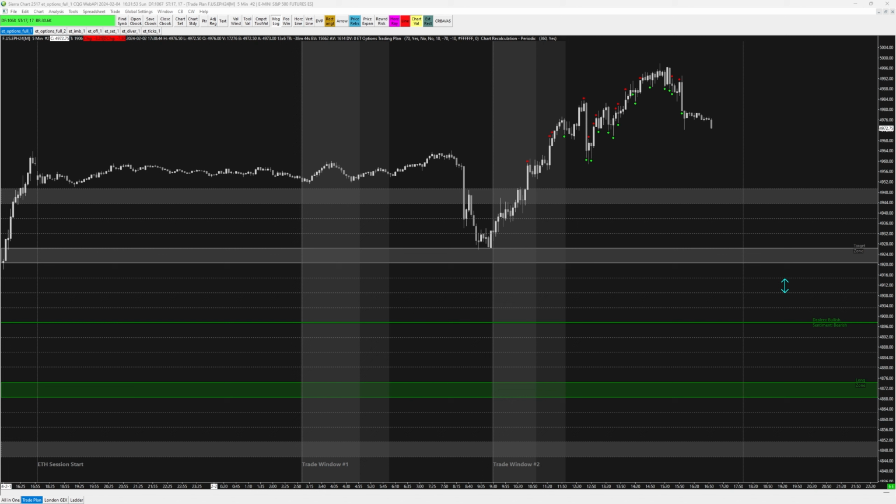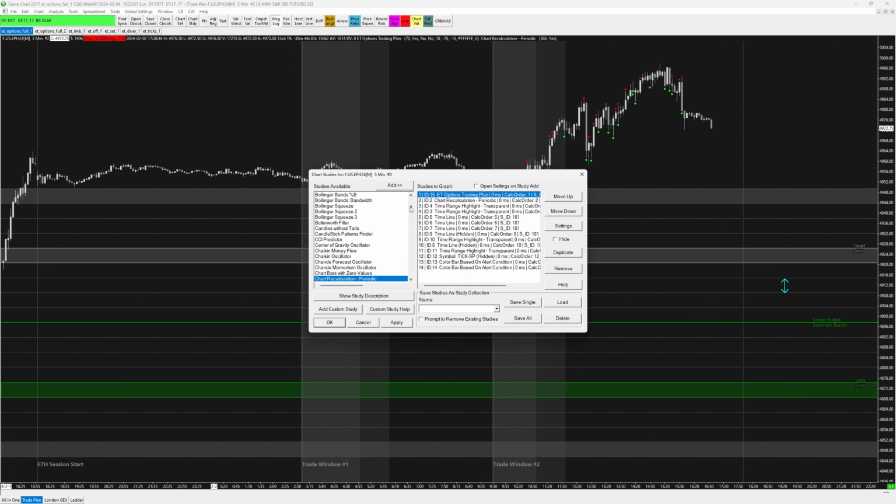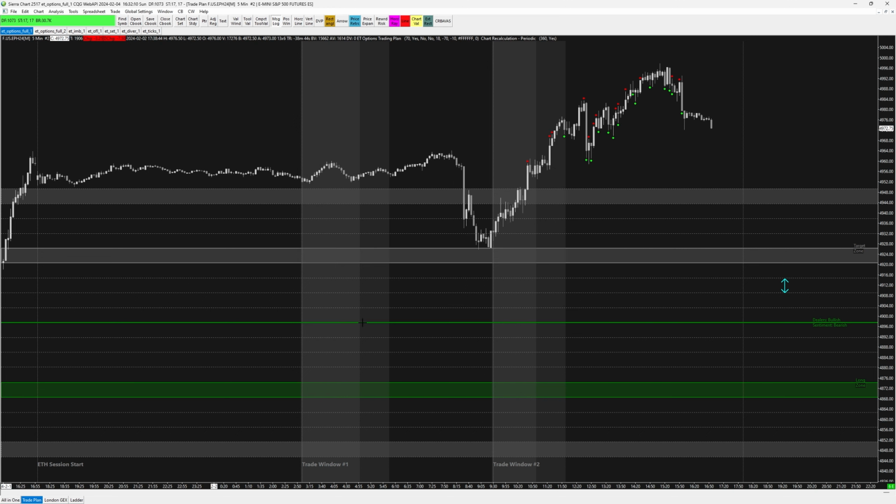So the first thing is obviously the study itself. This is on the screen. We have only this one ET options trading plan, right? With the other stuff, which is not that important here.